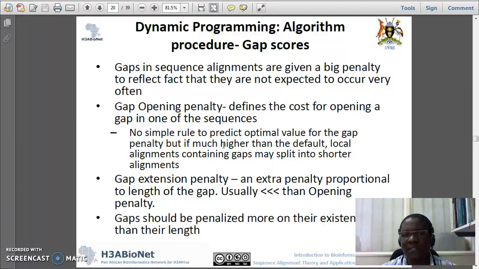Obviously, the whole point of the gap opening and gap extension proportions is that gaps should be penalized more on their existence than their actual length. So when you want to do a global alignment that involves, say, comparison of distantly related sequences, it's good to go for a high gap score and a really low gap extension score.